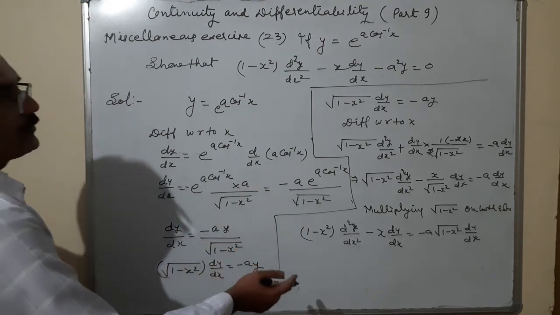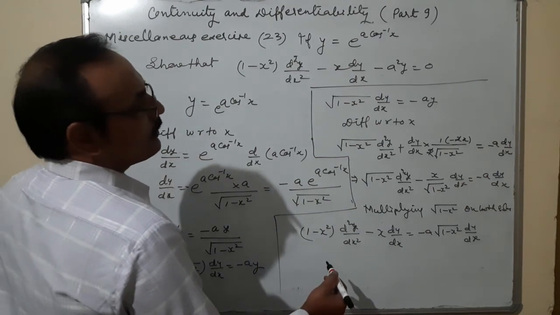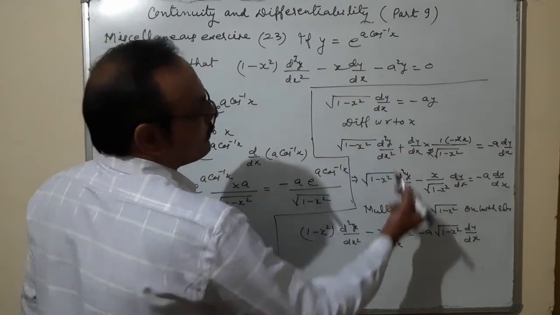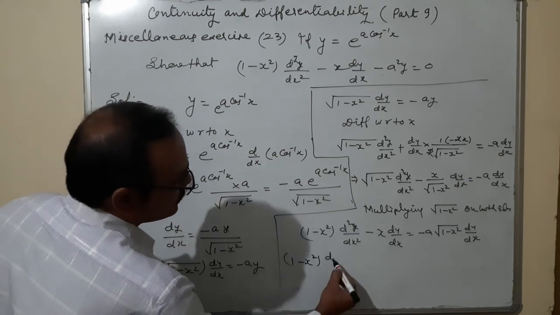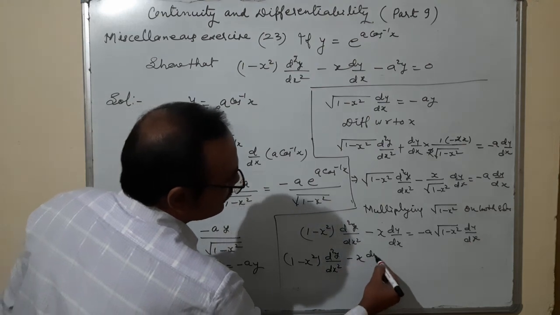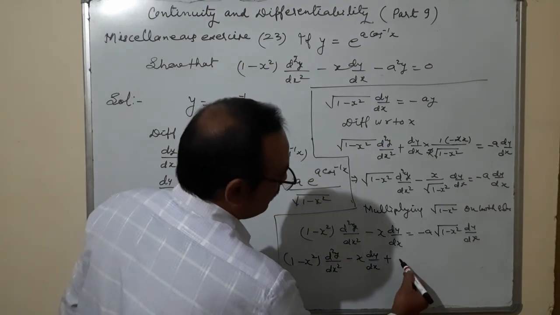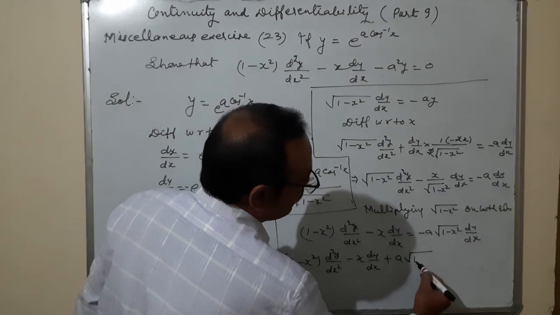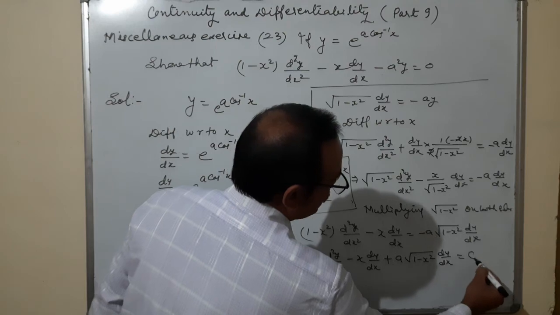The value comes in this format: 1 minus x square d square y by dx square minus x dy by dx plus a under root 1 minus x square dy by dx is equal to 0.